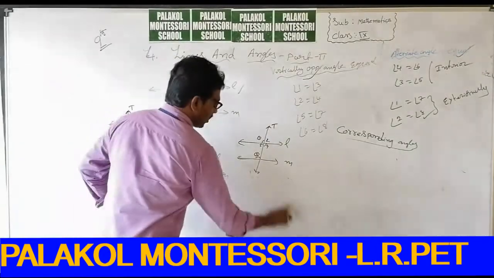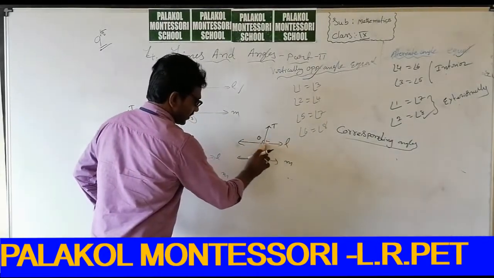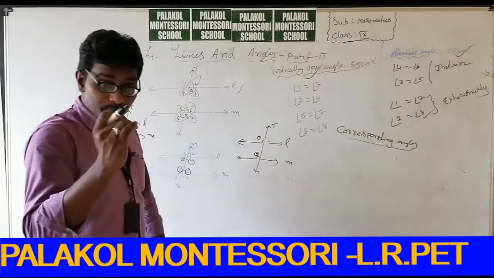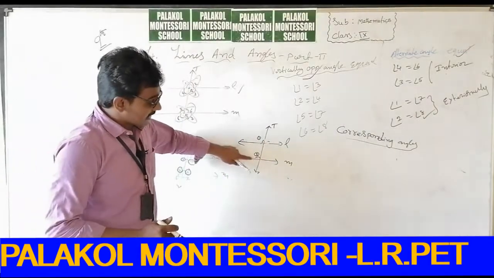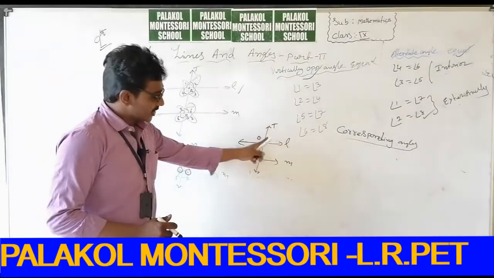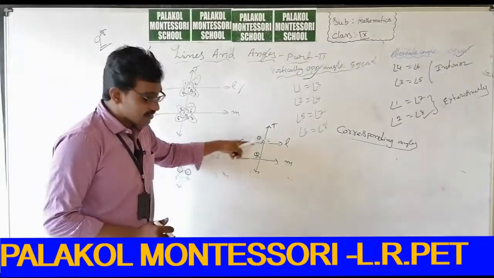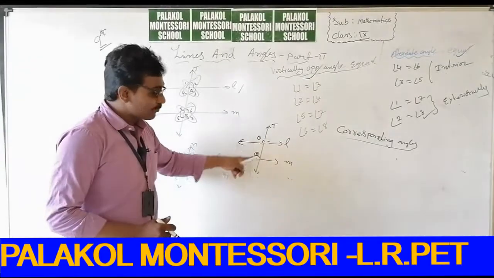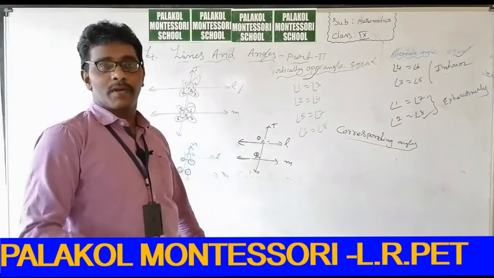So leave all this, just compare this one. Angle 1, angle 5, what type of angle? Guys, you observe they are on the same side of the transversal and the same side of the parallel lines, L up, M up. These types of angles are called corresponding angles.